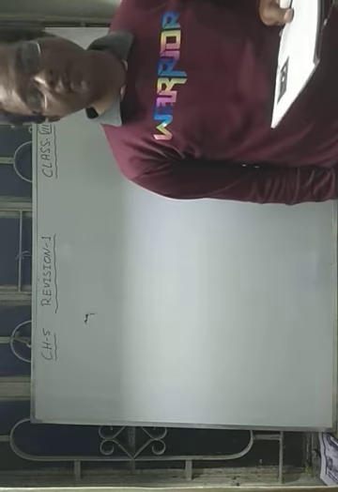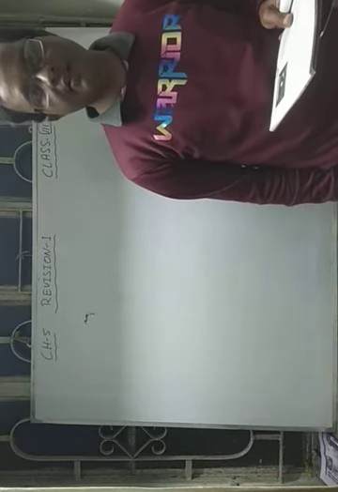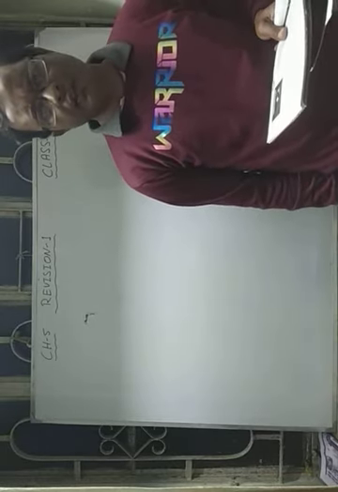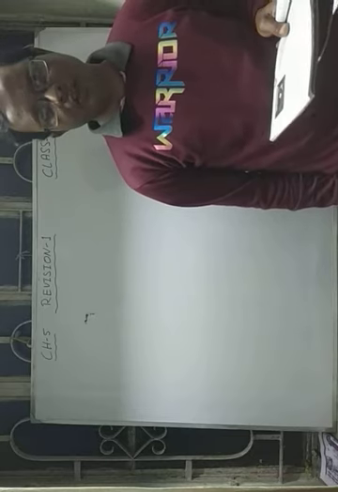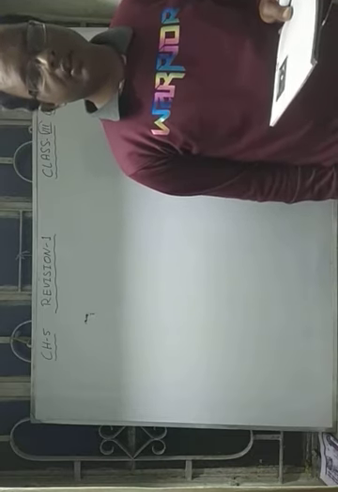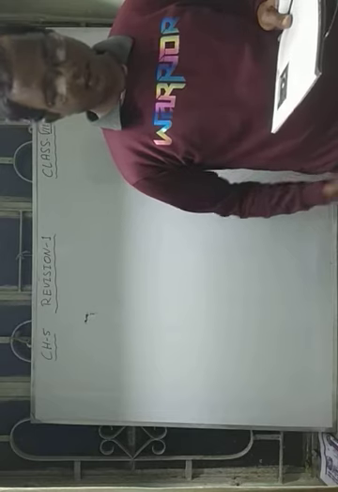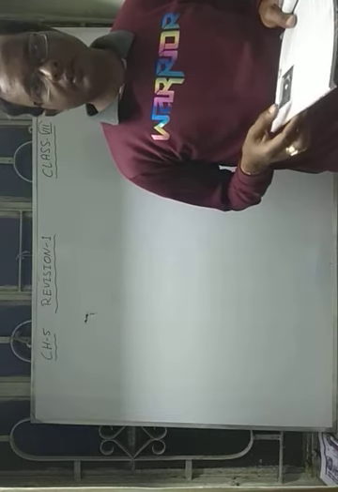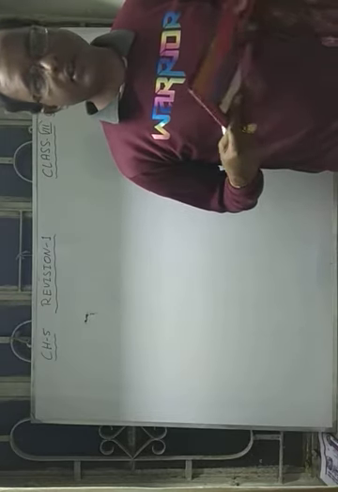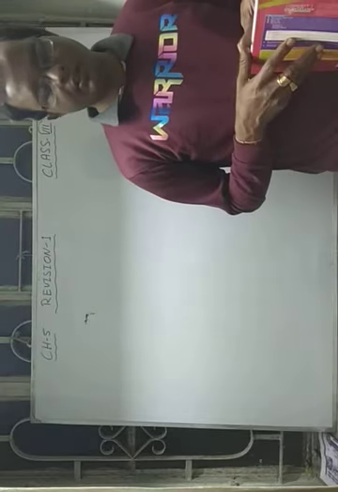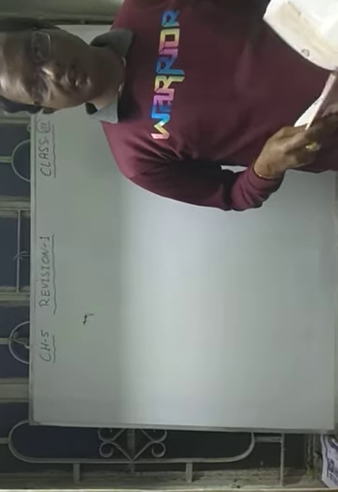For example, iron plus sulfur, on heating, gives iron sulfide. Hydrogen plus oxygen gives water. Carbon plus oxygen gives carbon dioxide gas. Magnesium ribbon burnt in the presence of oxygen gives magnesium oxide. So it is also a combination reaction.